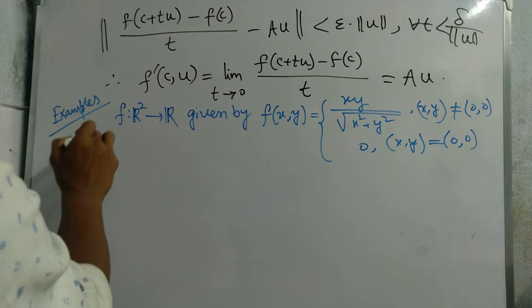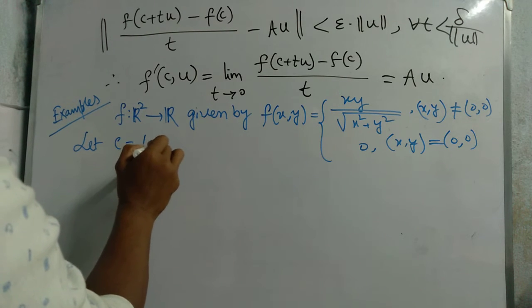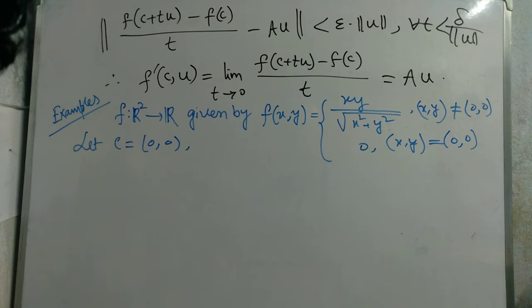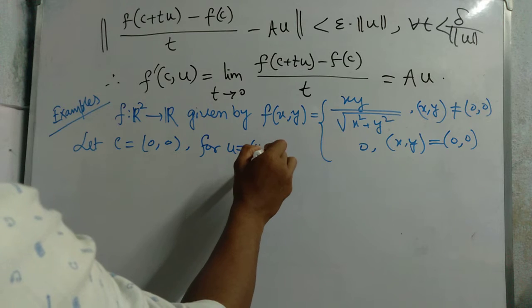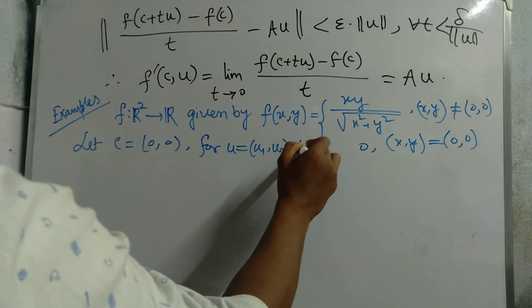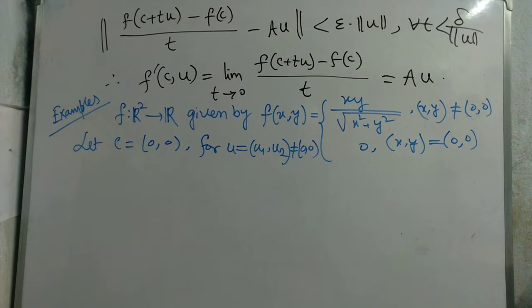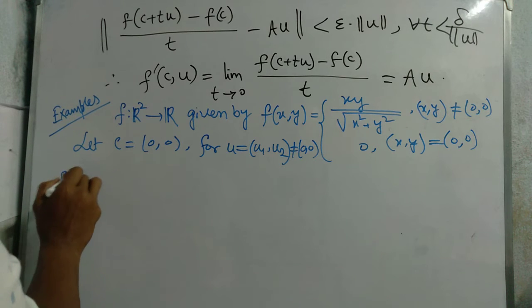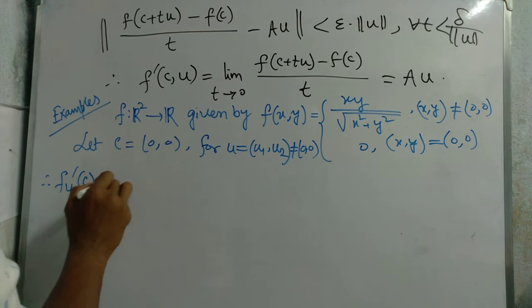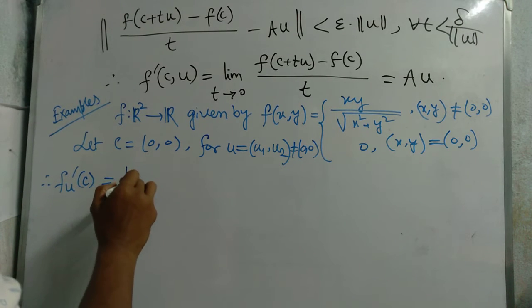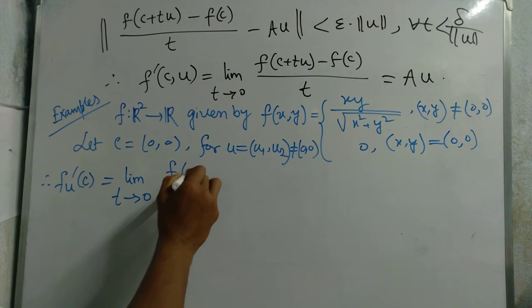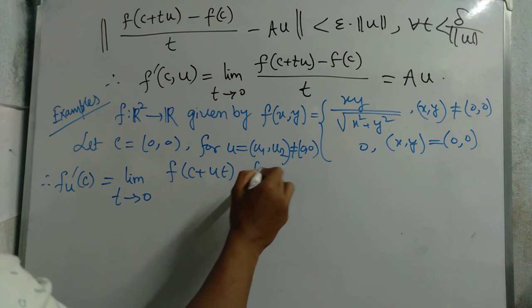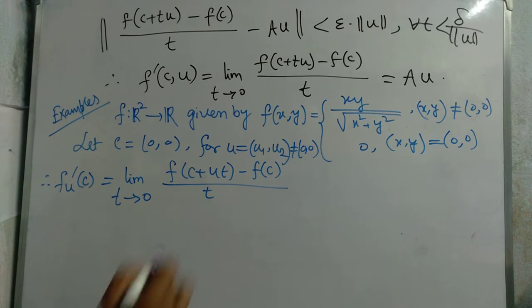Let c = (0,0). For u = (u1,u2) not equal to (0,0), f'(c)u equals the limit as t tends to 0 of f(c + ut) minus f(c), divided by t.